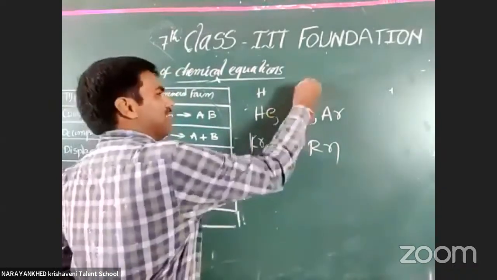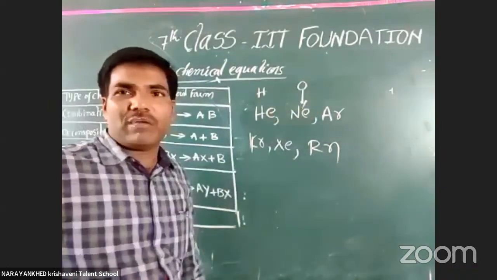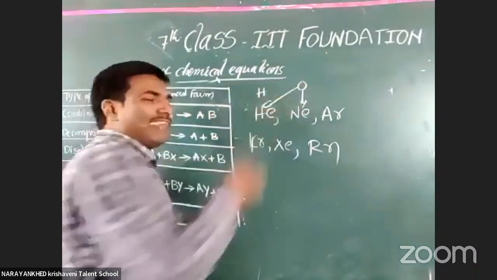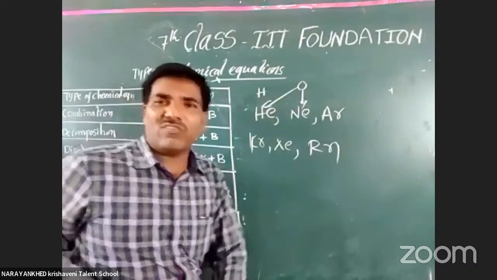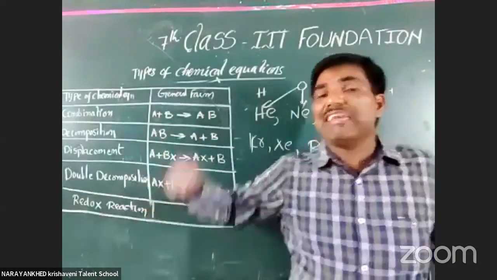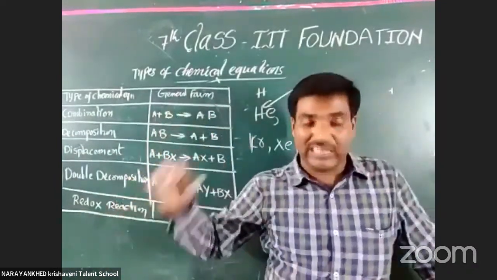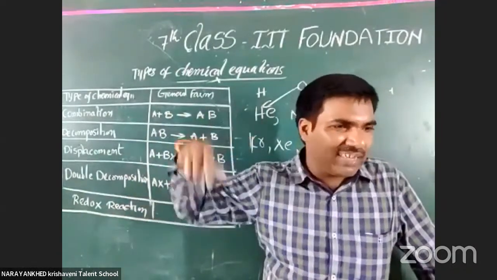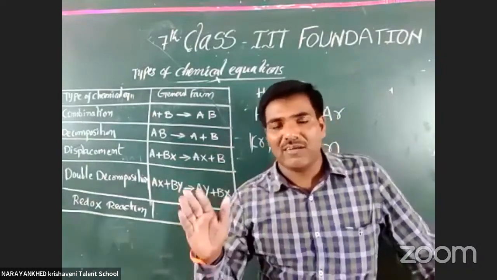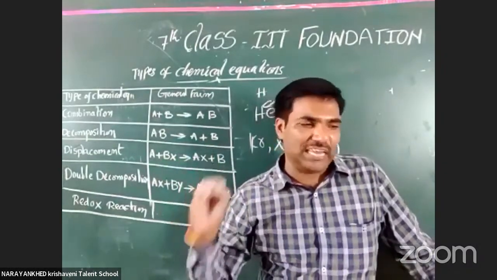Suppose our oxygen is there. It wants to become neon. Why does oxygen not become helium? Because it is somewhat impossible. Oxygen's nearest inert gas is neon. What is the oxygen atomic number? 8. What is the neon atomic number? 10.